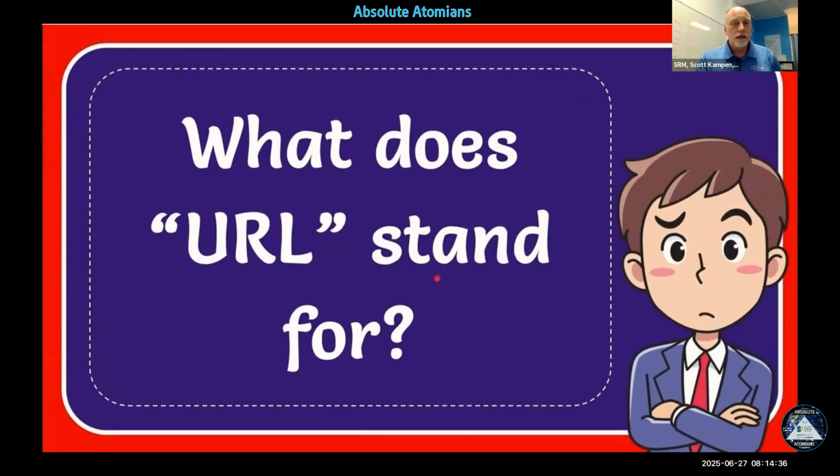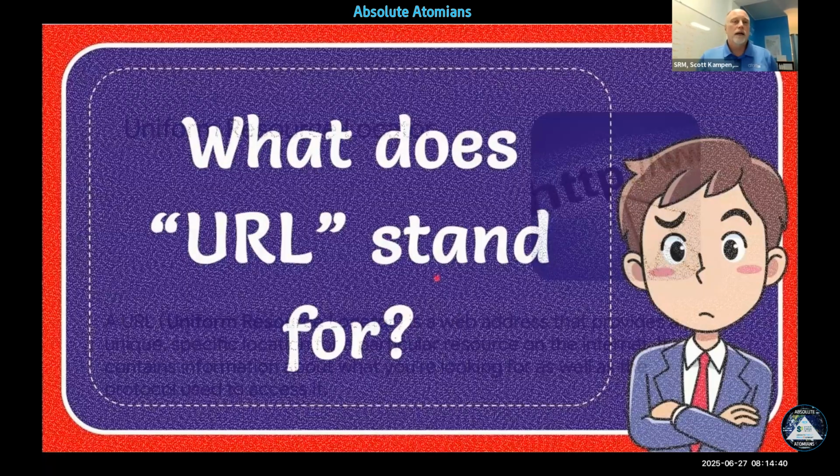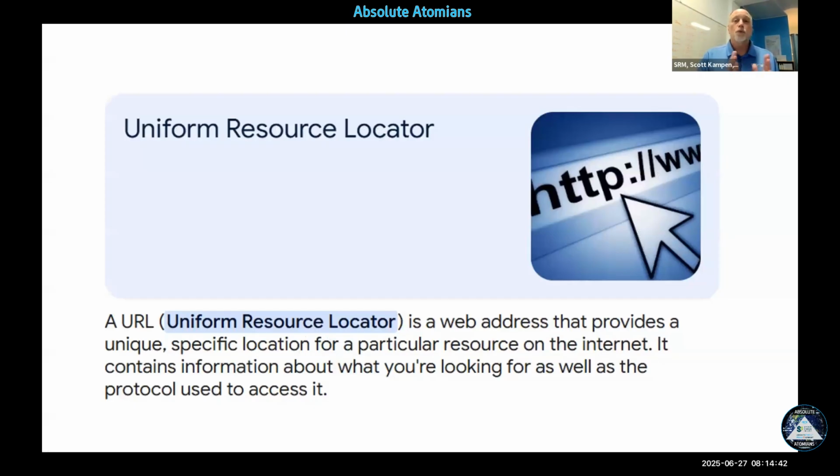Now, what does URL stand for? URL stands for Uniform Resource Locator. And that is a web address that provides a unique, specific location for a particular resource on the internet. It contains information about what you're looking for, as well as the protocol used to access it.